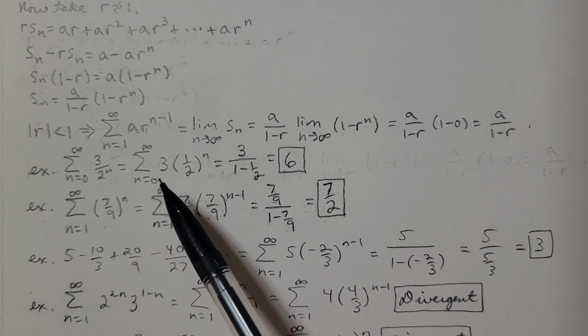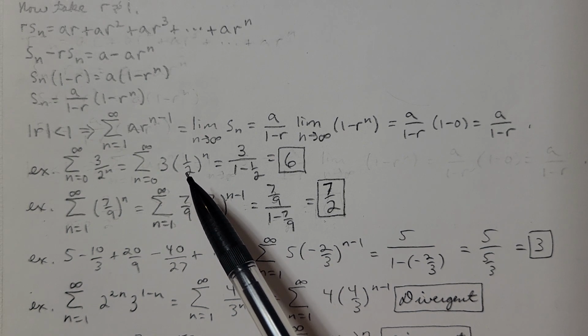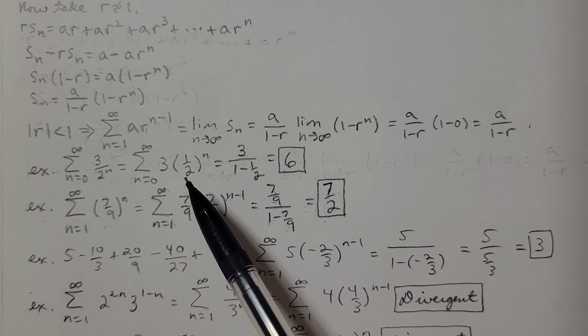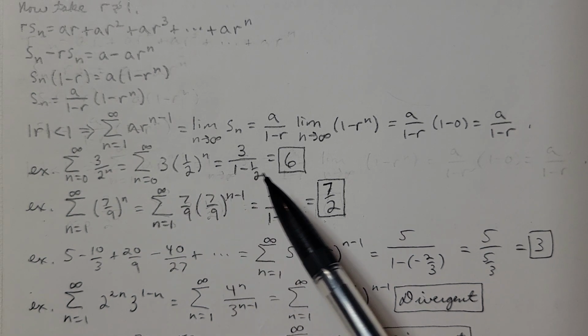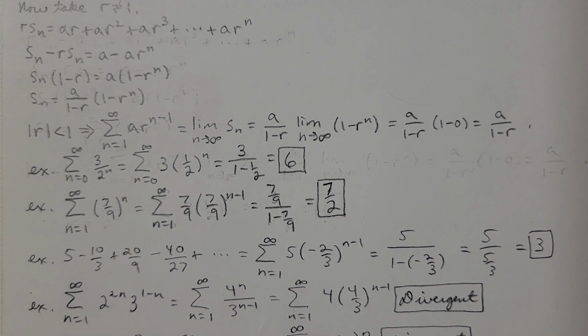The first term, when n is 0, that'd be 3. When n is 1, I get 3/2. When n is 2, I get 3/4. When n is 3, I get 3/8, right? So if I add up all infinitely many of those terms, I get 6 as the answer.